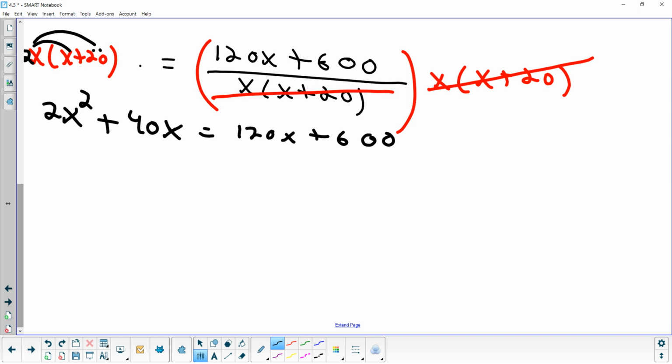Now, Abigail, what kind of equation is that? It's the kind of equation we've solved before. I forget the name of it, but both sides equal.